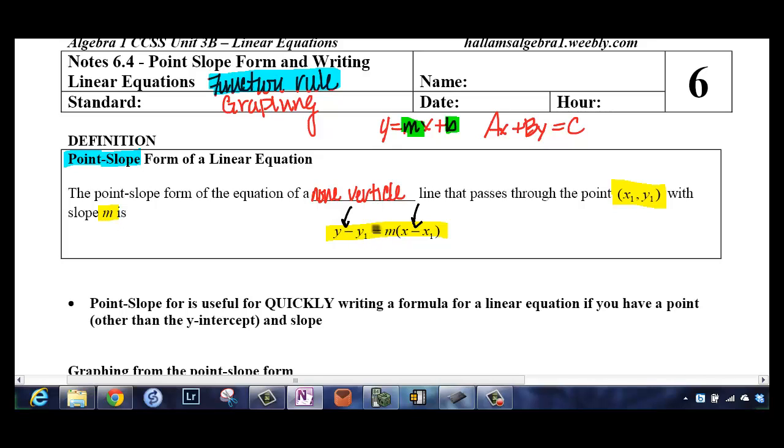That's how the formula starts. So if we insert a value for y1, it may change that negative to a positive if the y value is a negative going in. So we have to keep track of that. When we put in a negative value, it's actually going to turn the sign to positive. And the same thing for the x1 value. If we put in an x1 value that's negative, it's going to change the sign to a positive. So we need to remember that it starts with a negative value.